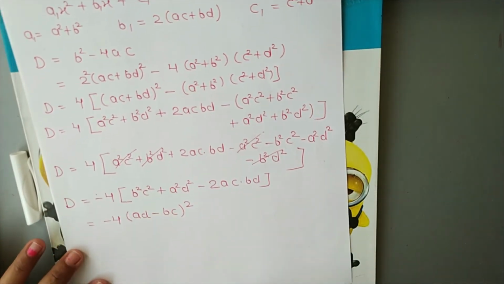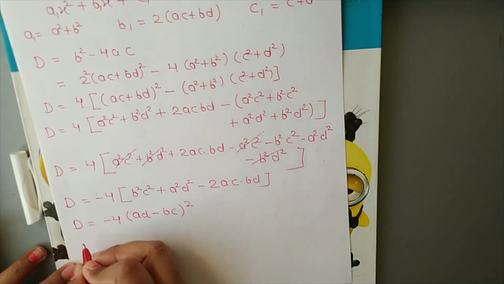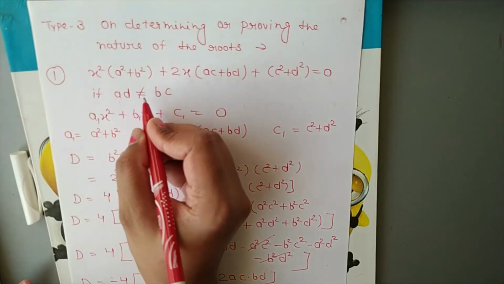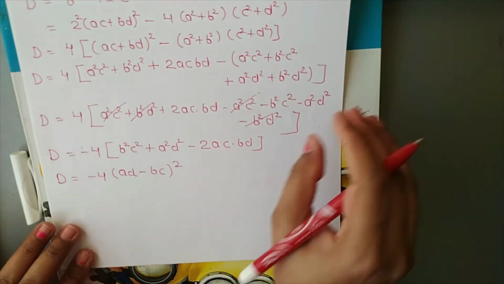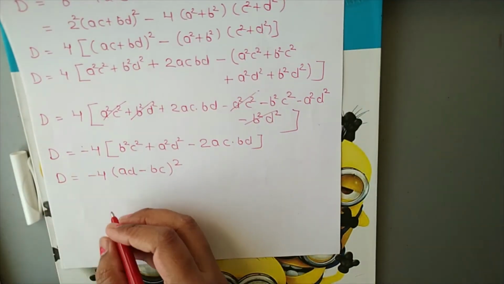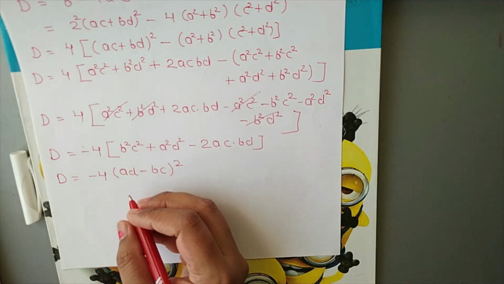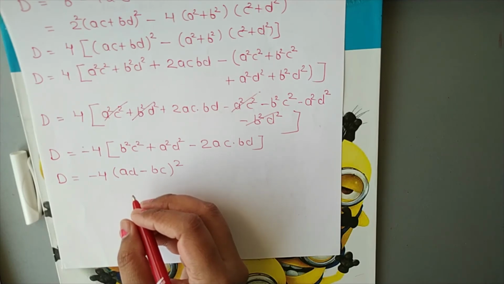Okay, so given is AD is not equal to BC. We have to prove this has no real roots.